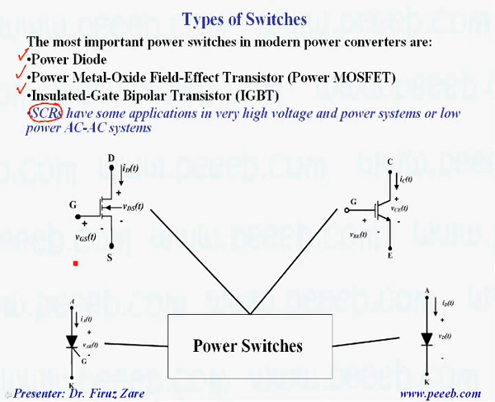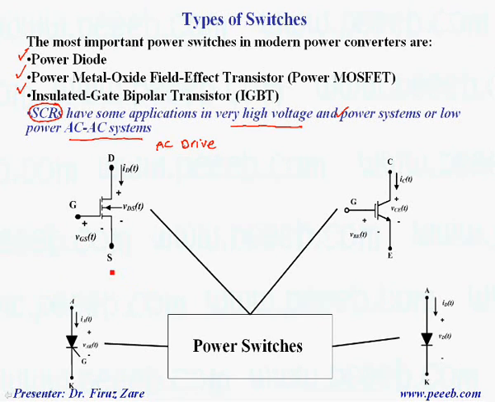We normally use SCR in very high voltage, high power applications, especially in power systems, or in very low power AC systems, for example, for a very simple and cheap AC motor drive.